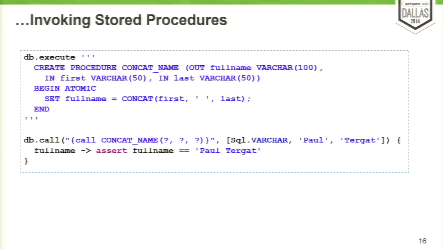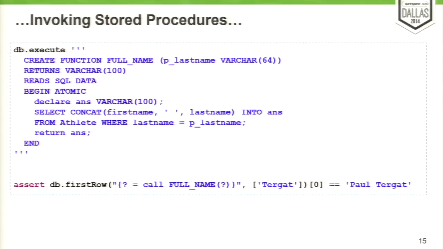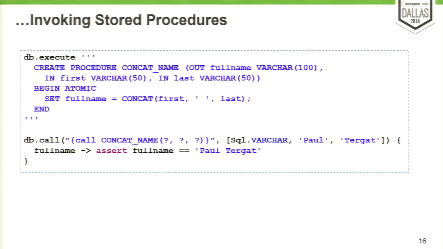If you want to have this magic happening with the out or in-out parameters getting married up, you have to use a call. So it's not good enough at this point to try to use the first row or rows or any of those other ones. If we want this magic to happen, it's a call variation.